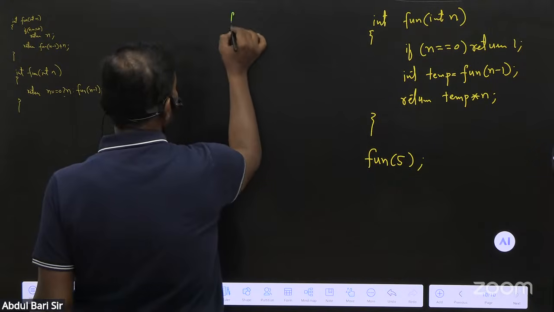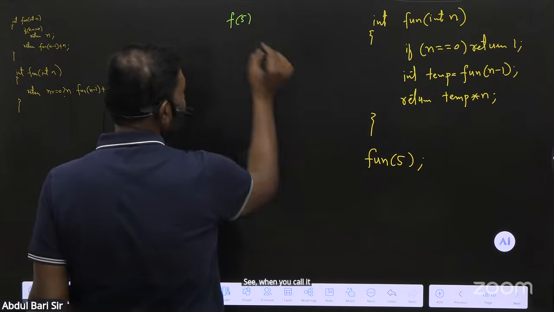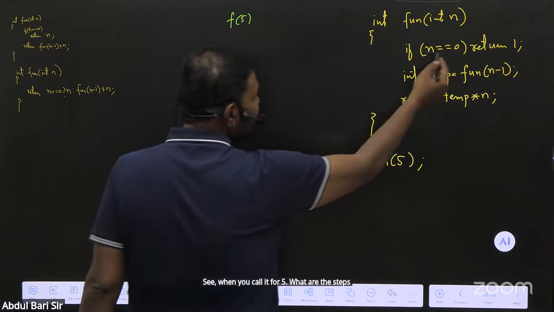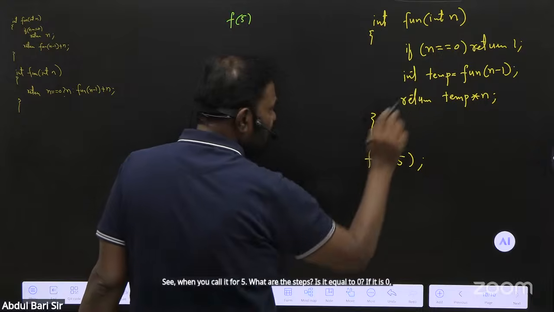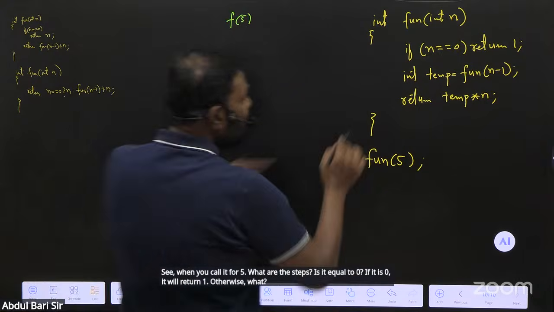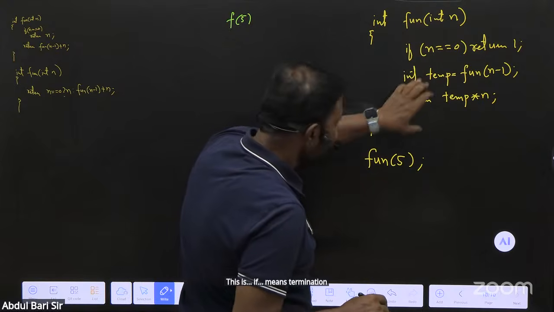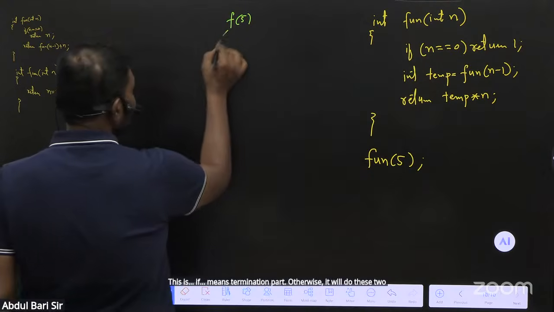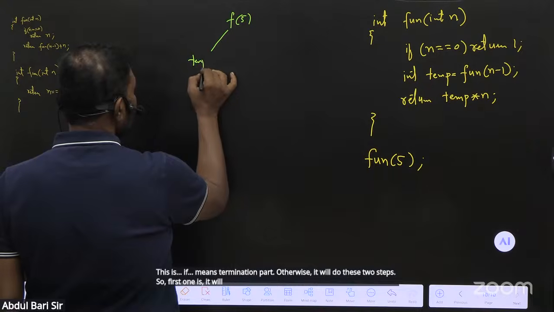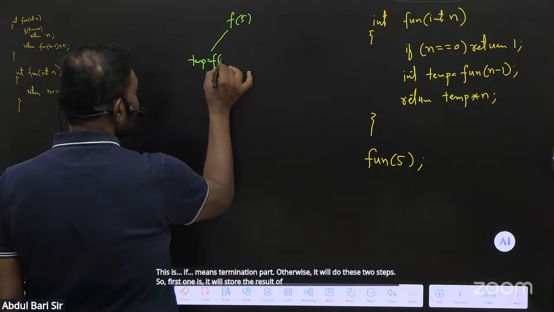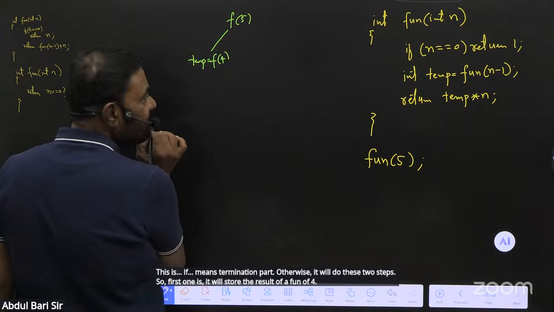See, when you call it for 5, what are the steps? Is it equal to 0? If it is 0, it will return 1. This is the if, meaning the termination part. Otherwise, it will do these two steps. First, it will store the result of fun of 4 in this temp variable.